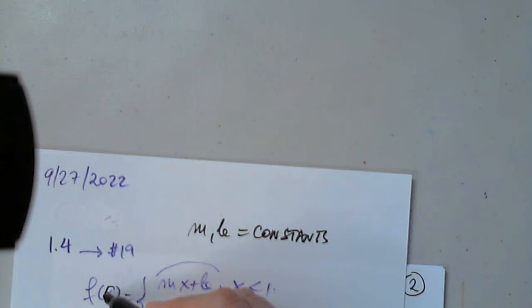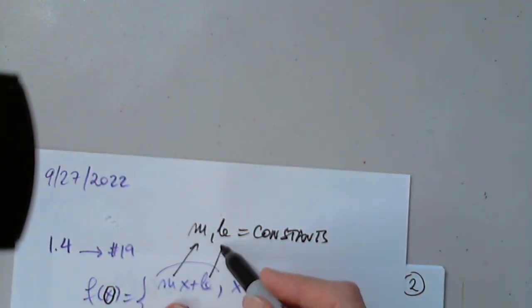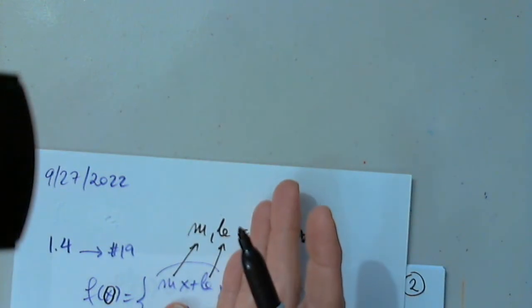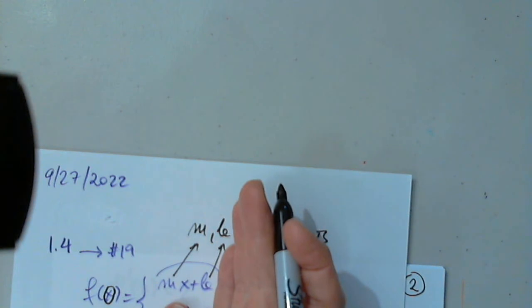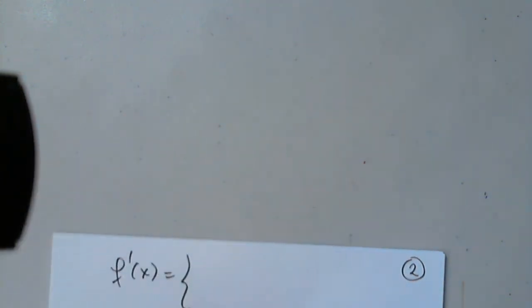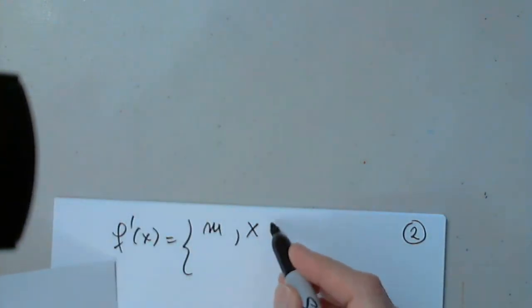The function depends on x alone. There is no other variable but x. These are constants. So when we differentiate this with respect to x, what do we get? Very good, awesome. Great job. So m, if x is less than 1.